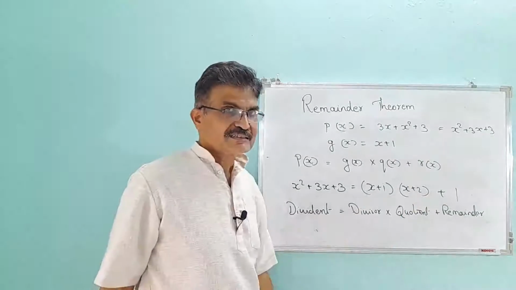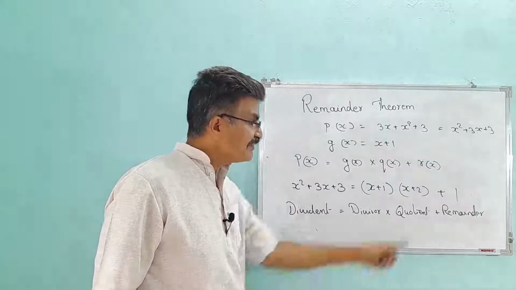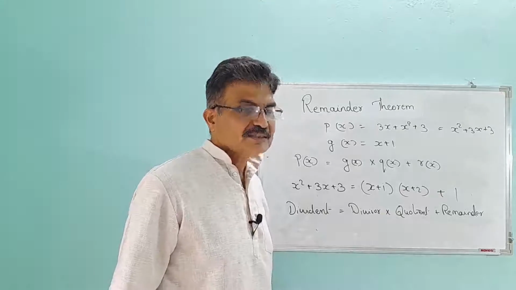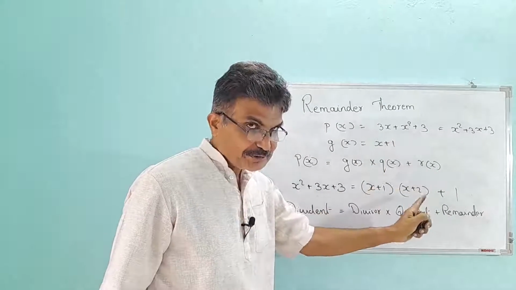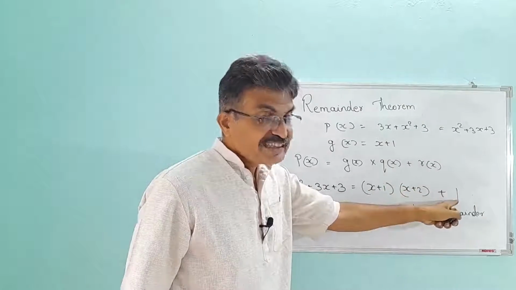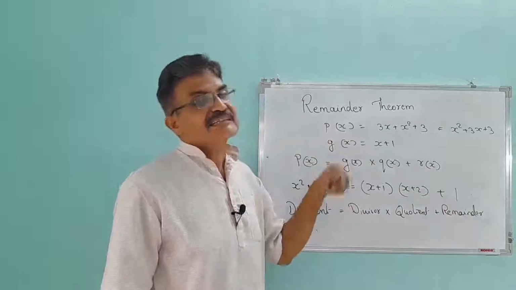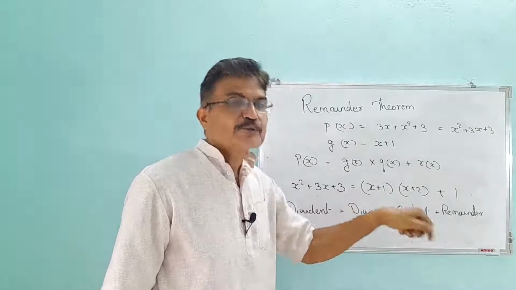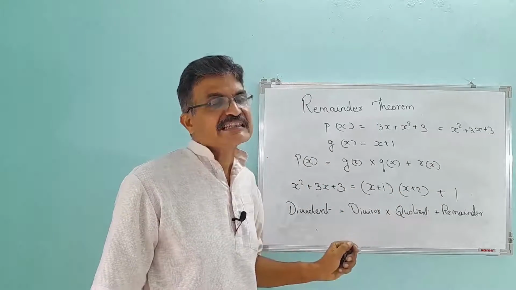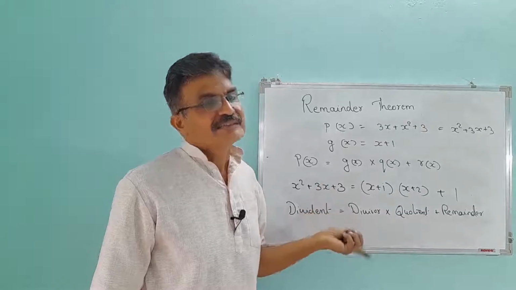Here it is 1. Why do we get 1? It's a constant polynomial. I have already told you that the remainder is always less than the divisor. Here the degree of the remainder is always less than the degree of the divisor.